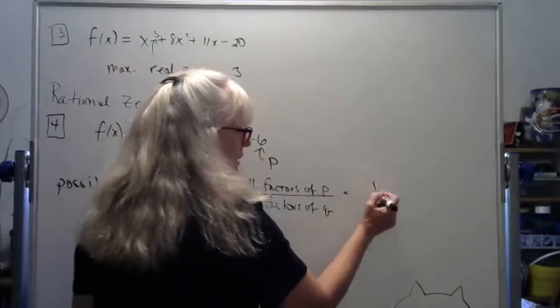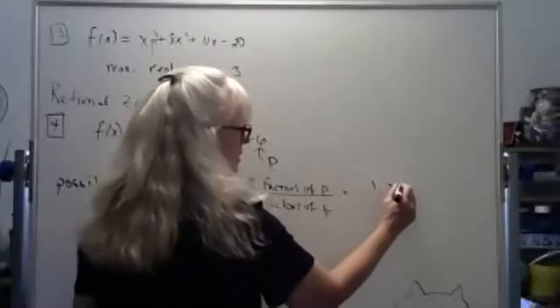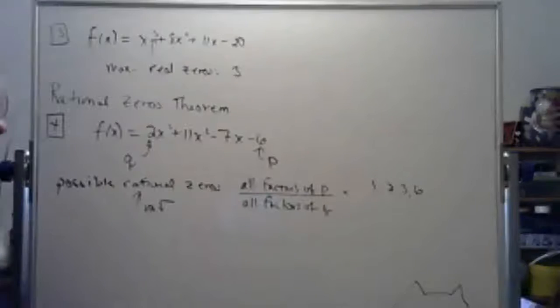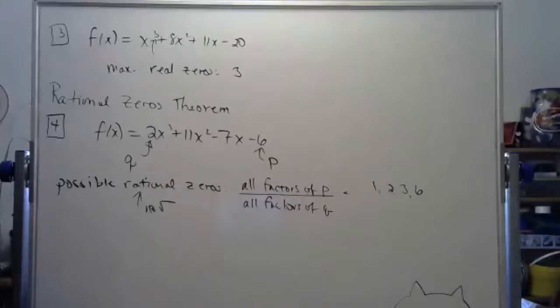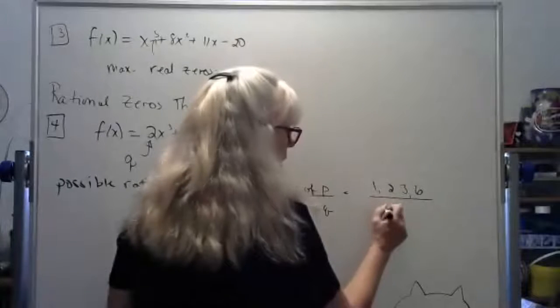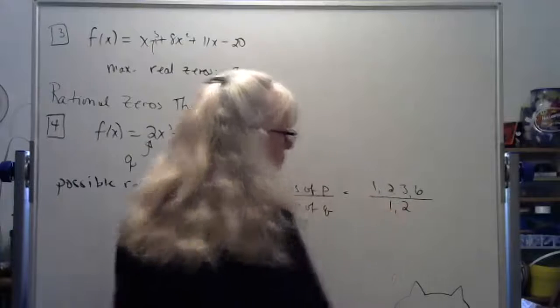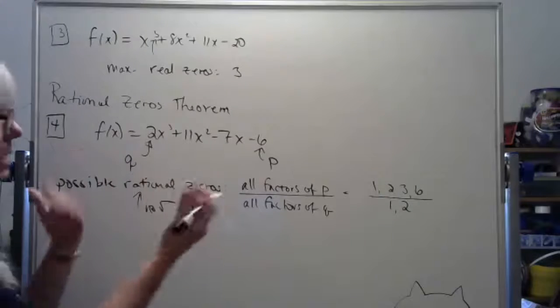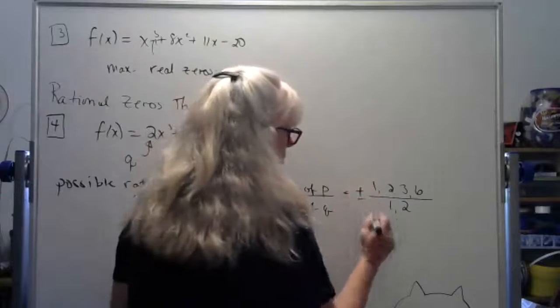Well, 1 divides into 6, 2 divides into 6, 3 divides into 6, and so does 6. So all possible factors of 6 are 1, 2, 3, and 6. I do the same thing with the 2. All possible numbers that divide evenly into 2 are 1 and 2. And then because we have to worry about x-intercepts on both sides of the axis, we're going to put a plus or minus in front of it.